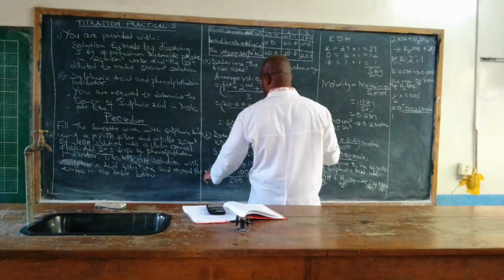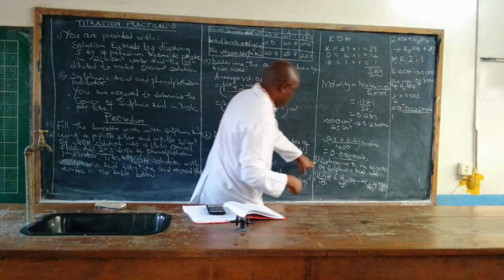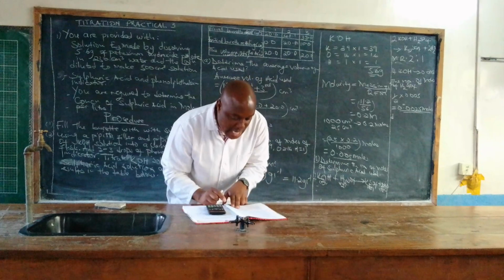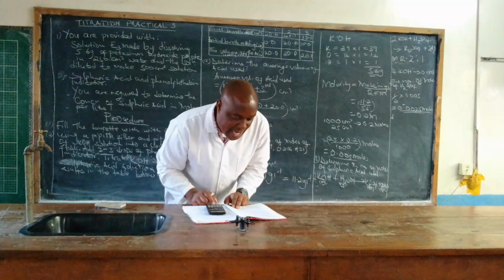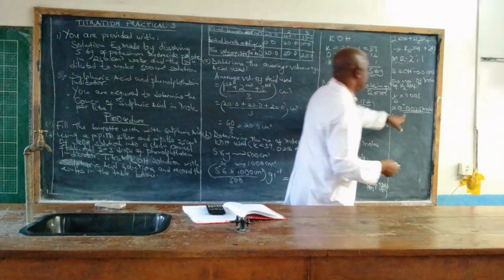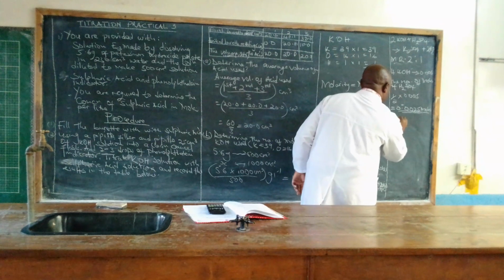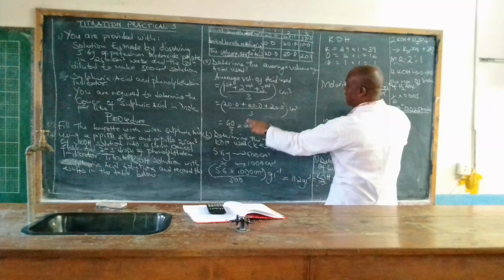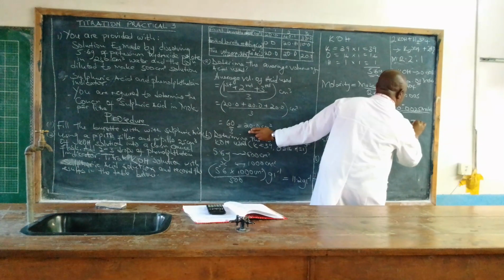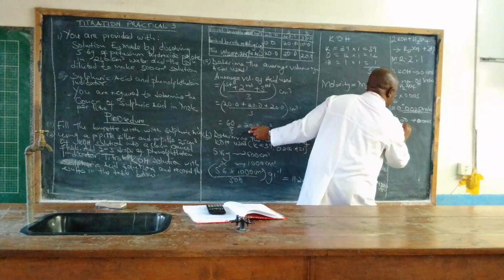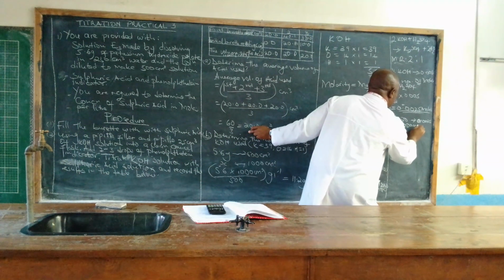So the last question, we have been told to determine D. This is number A, B, C, and then D. We have been told to determine the concentration of sulfuric acid in moles per liter. Very simple. You say if 20, this is our average volume, can give us 0.0025 moles, what about 1,000 cubic centimeters?